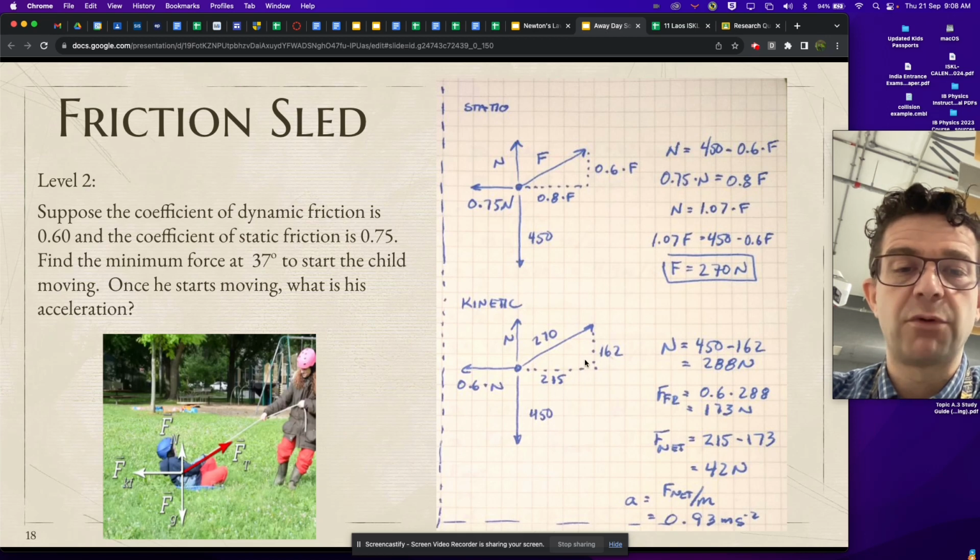And so the net force vertically is equal to 0, but horizontally we have 215 newtons to the right, 173 newtons to the left. So we have a net force of 42 newtons, and we can then calculate the acceleration with Newton's second law, the net force divided by the mass, or 0.93 meters per second squared.